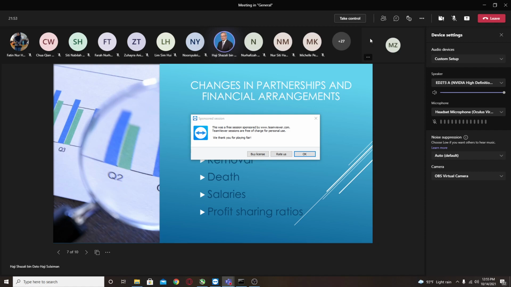The next one is removal. Okay, removal is not very good. That means you've done something wrong. It's a polite word for saying that you have been sacked from the partnership.